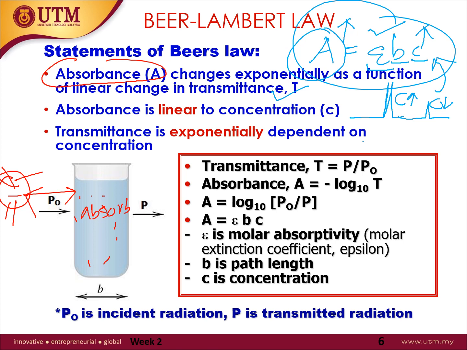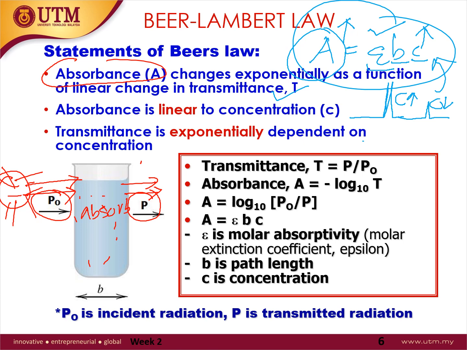It will absorb and it will give you the final transmittance. Entering here, high transmittance means high radiation. If it absorbs, of course transmittance is low, right? So that's why we have the initial incident radiation and the transmitted radiation. Whatever has been absorbed means that transmittance is less.